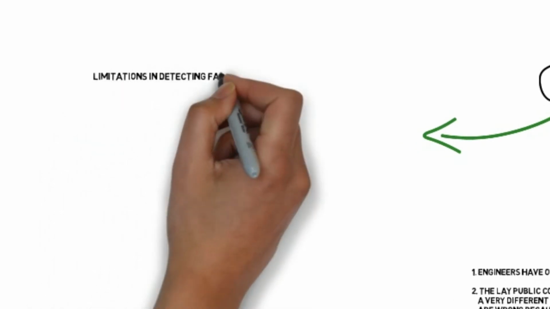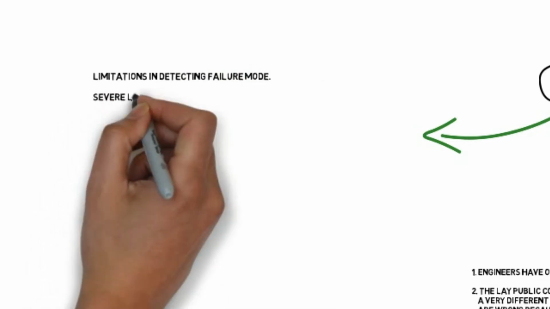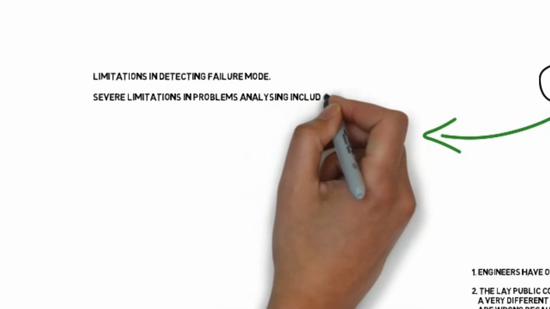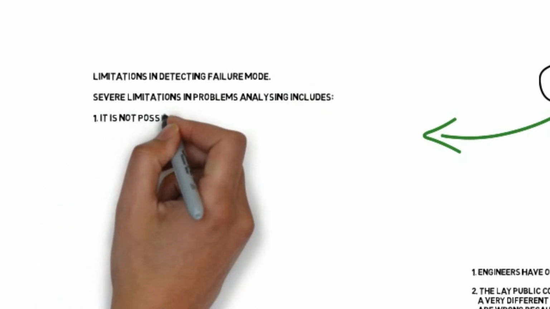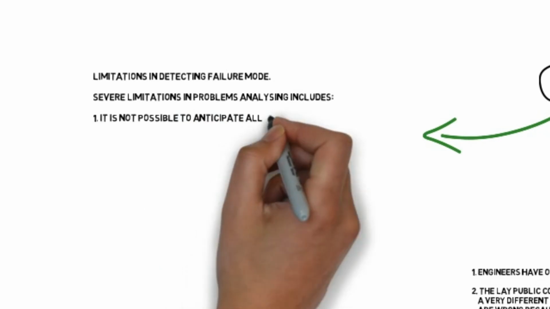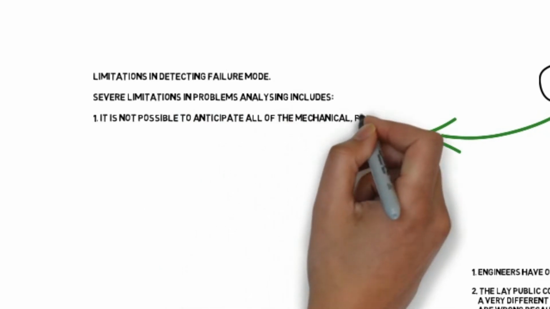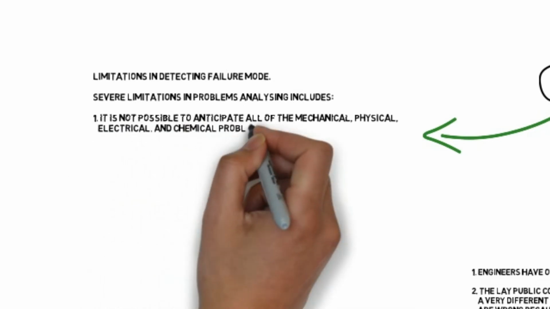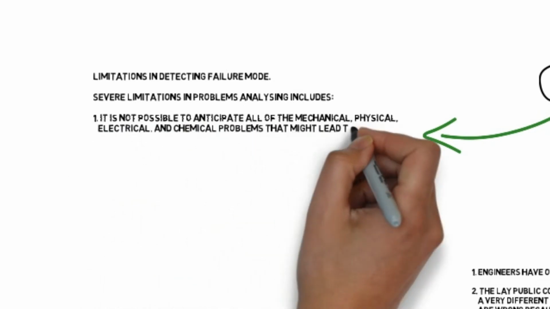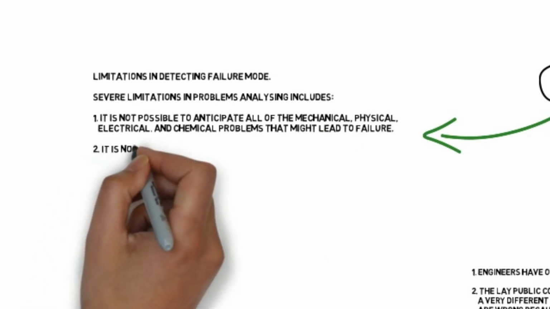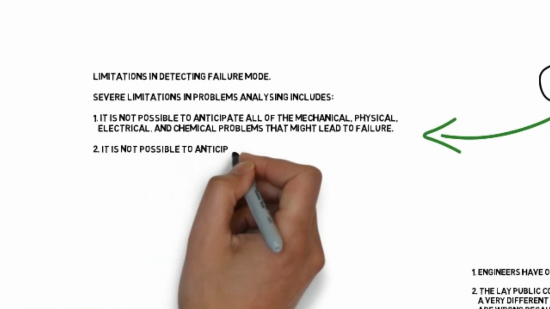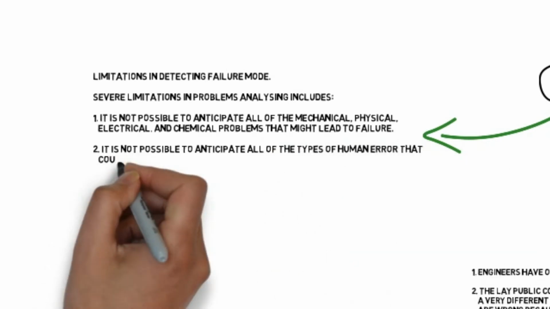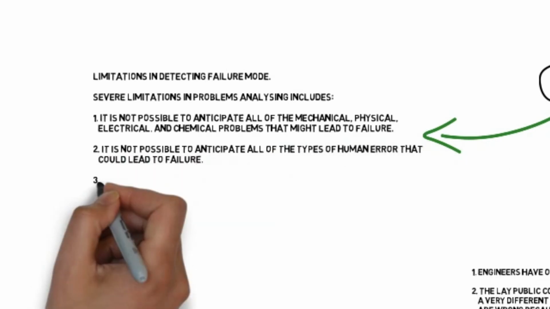Limitations in detecting failure modes. Severe limitation in problem analysis. Analysis includes that it is not possible to anticipate all of the mechanical, physical, electrical, and chemical problems that might lead to failure. It is not possible to anticipate all of the types of human error that could lead to failure.